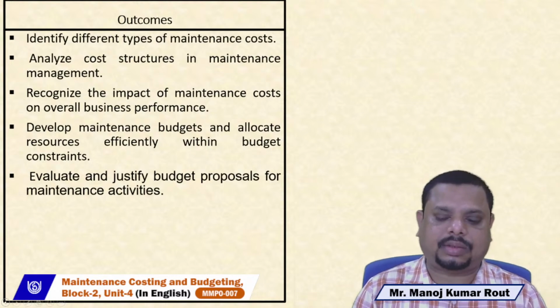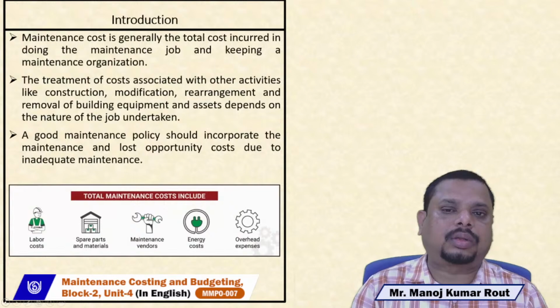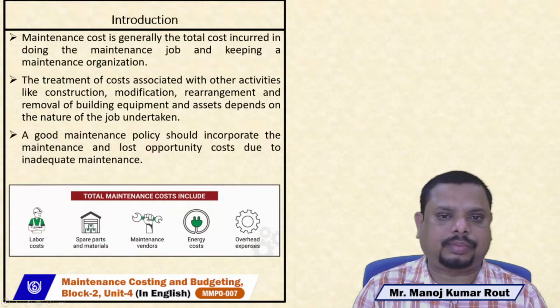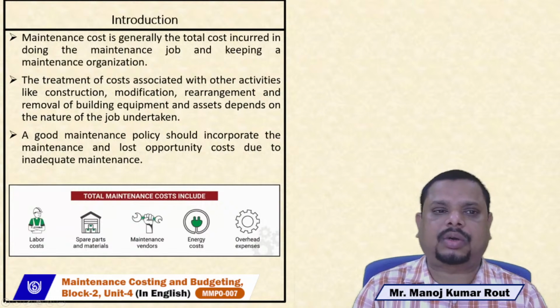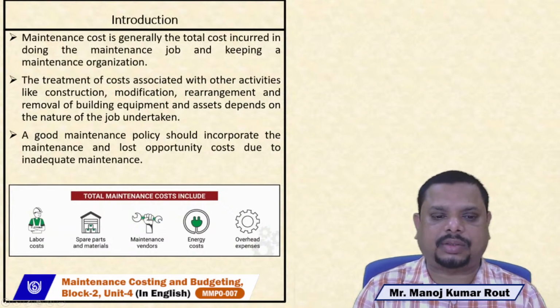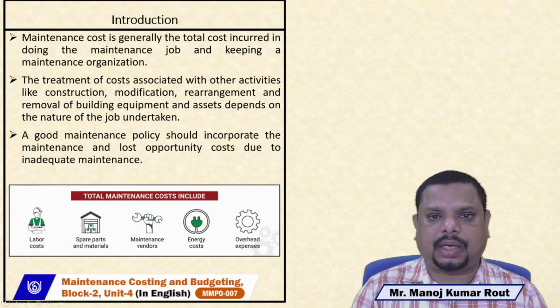So let's discuss the maintenance budget and costings. As far as maintenance cost is concerned, it is generally the total cost incurred in doing maintenance jobs and keeping the maintenance organization. If you observe, the most important cost of maintenance belongs directly to labor costs, especially with reference to the wages of labor, where we have identified direct and indirect costs.